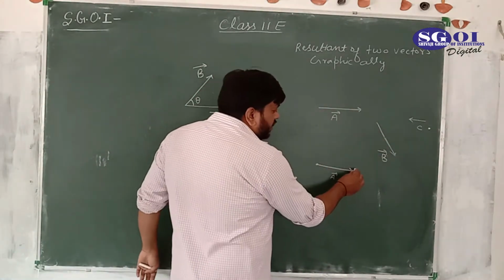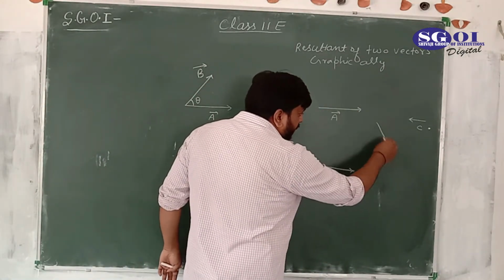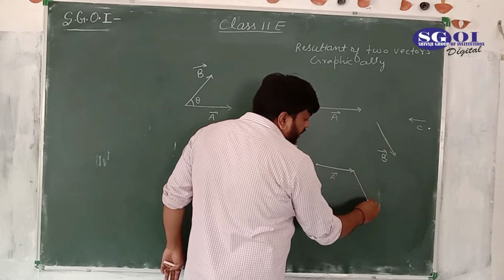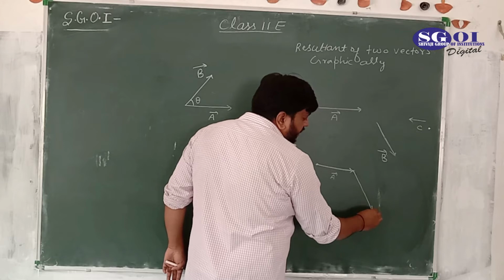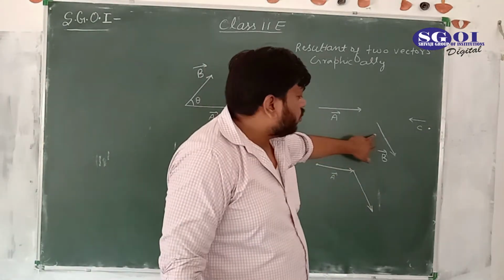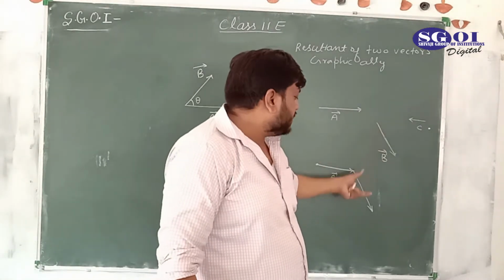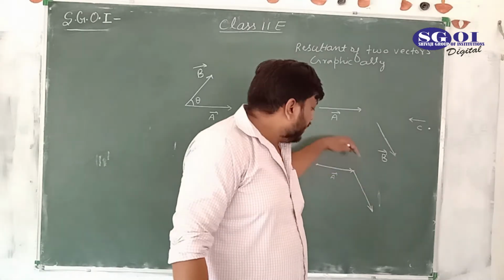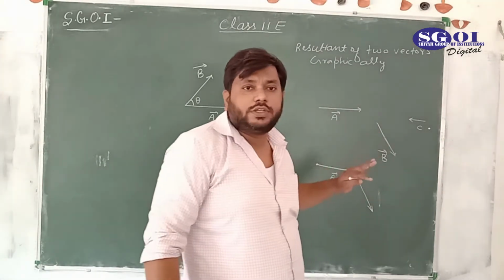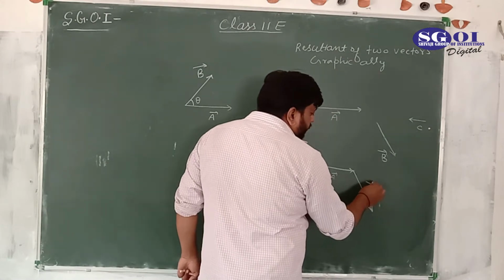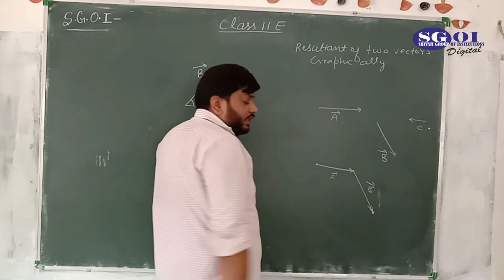So from here, we draw a vector parallel to B, so that the direction is the same, and the length must be equal to the length of B. It means same magnitude and same direction. Are you getting my point? Now this is the vector B, and we have reached this point.